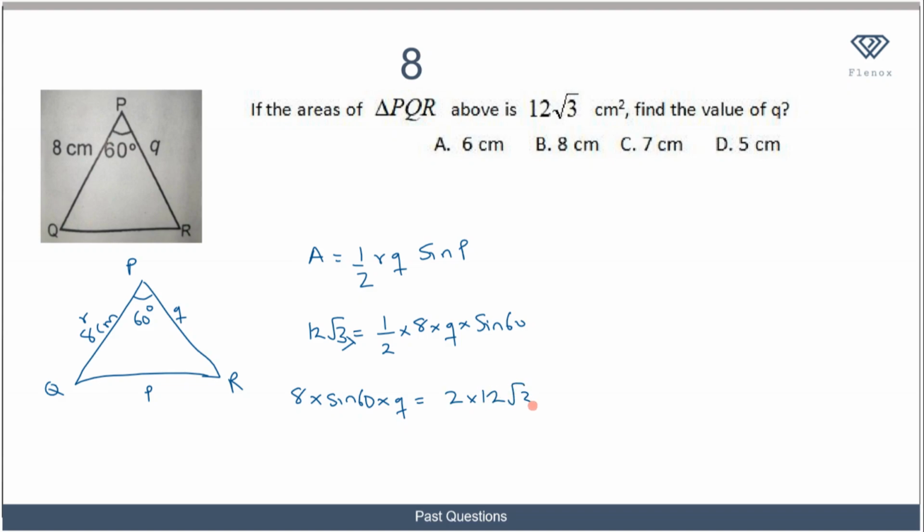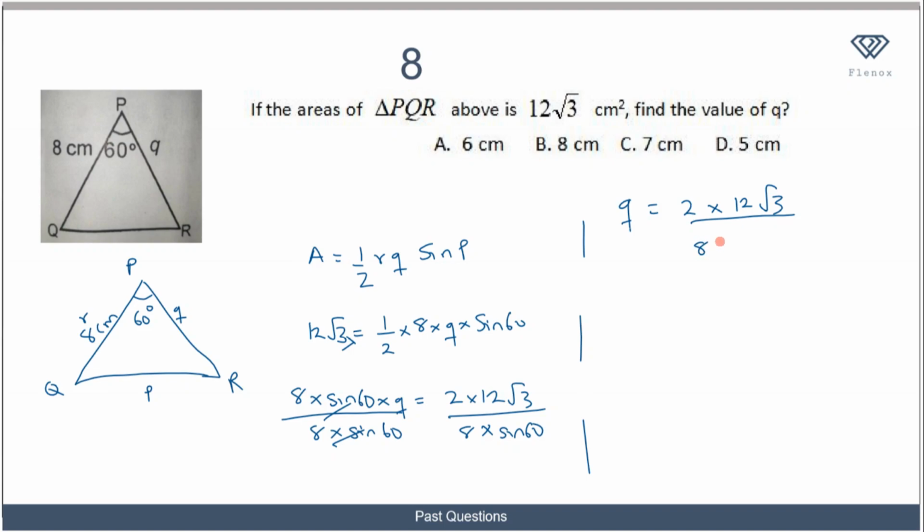So when I cross multiply, I have 8 times sine 60 times q equals 2 times 12 root 3. Now if I divide both sides by 8 times sine 60, this cancels out, and I'm left with q being equal to 2 times 12 root 3 over 8 sine 60, and sine 60 is root 3 over 2.